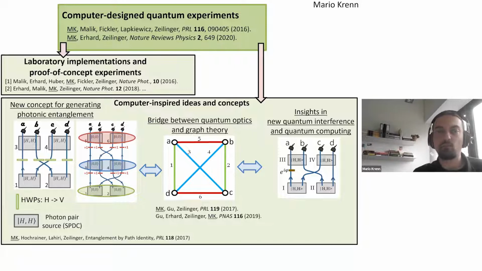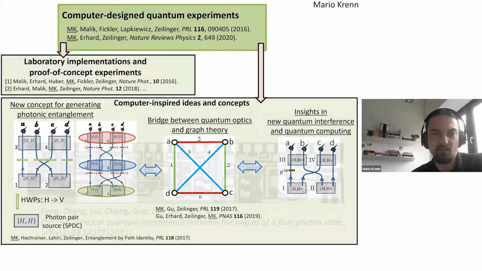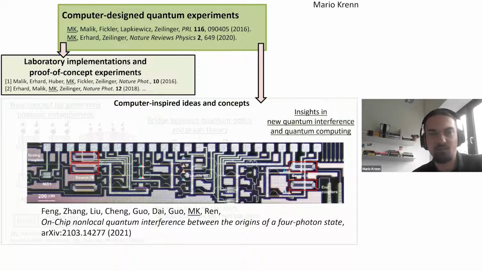So we can now basically solve with quantum experiments some of those very difficult questions in graph theory. And some very early experiments that followed those recipes have recently been performed. This is one example of an on-chip device that performed one of these experiments that was inspired from the solution of the computer.